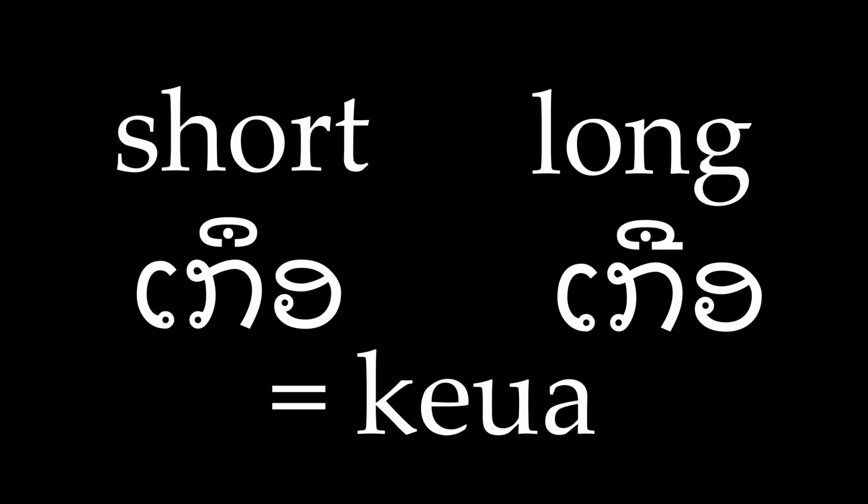Ua and ua are usually represented with an EUA when transcribed. Again, because there is really no similar sounding vowel in English, you will just have to do your best for now.